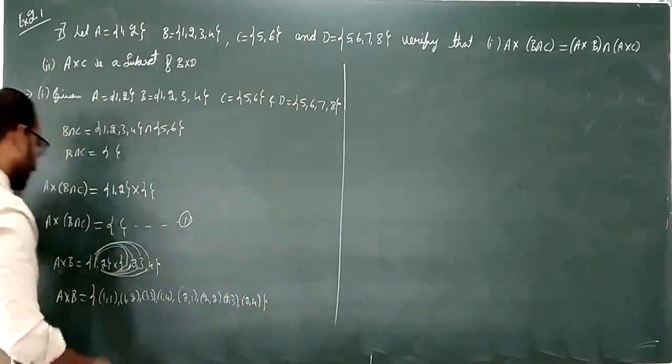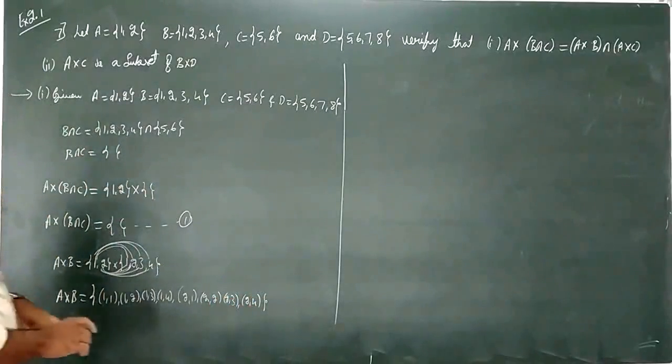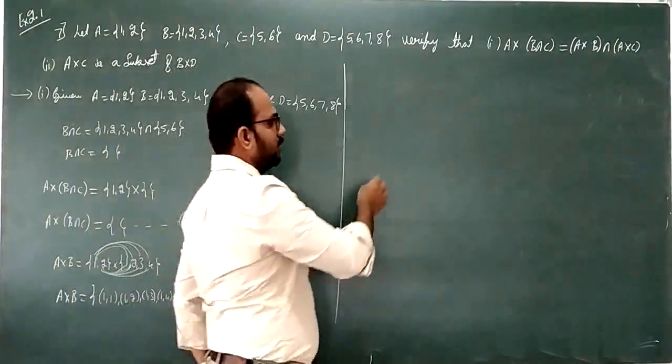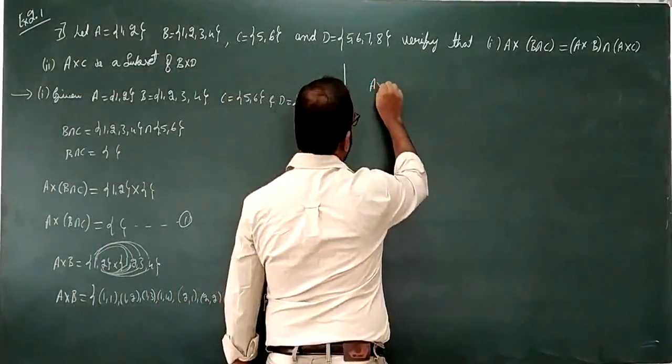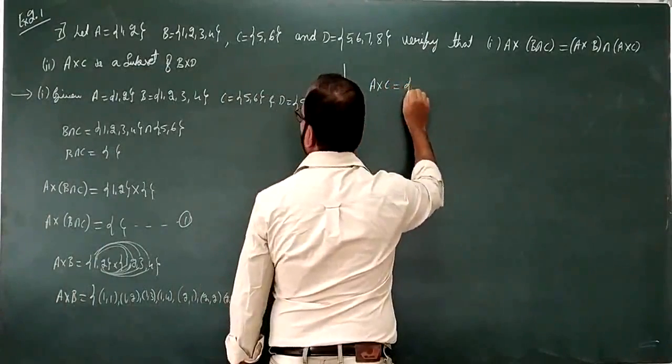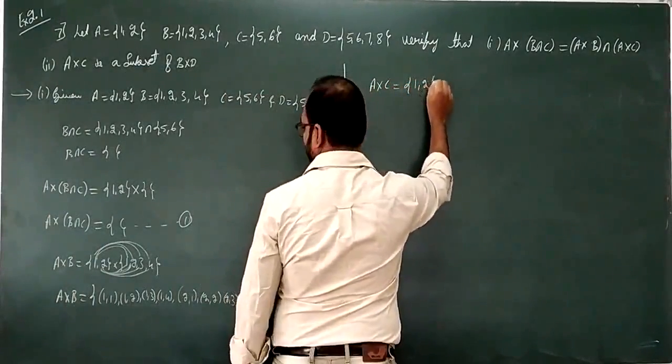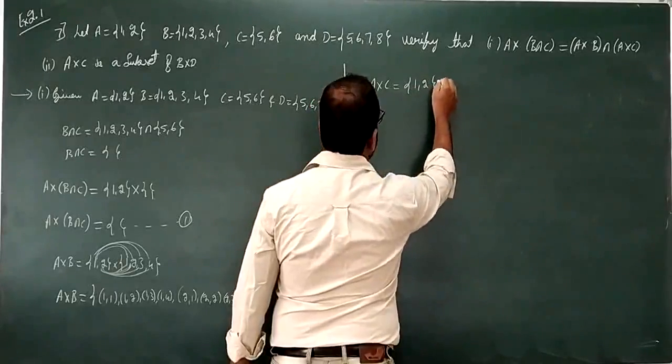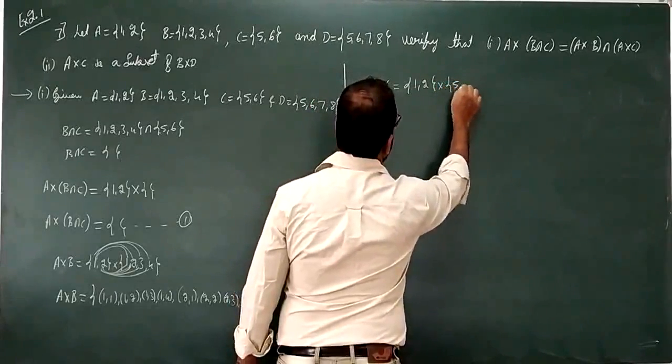And the Cartesian product of A and C. The set A has 1 2 and the set C has 5 6.